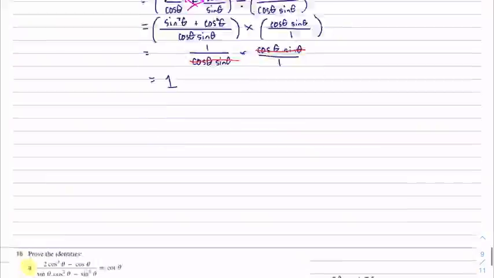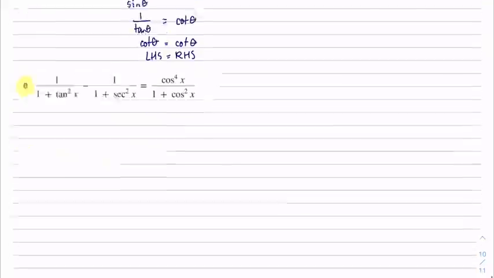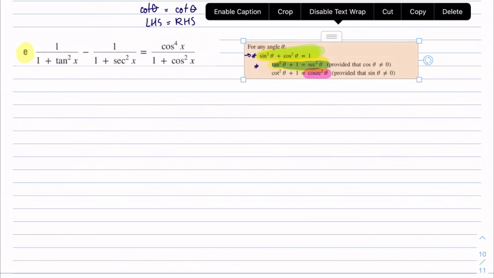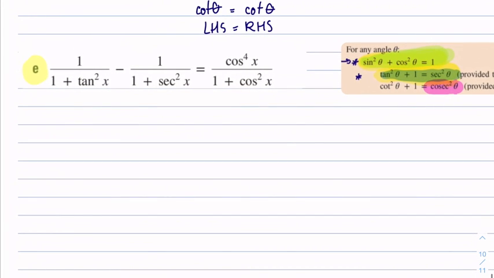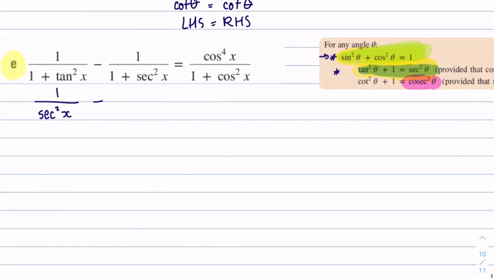I think this is going to be the most efficient way to do this. Okay. Because we've got tan squared x plus 1, that's sec squared x. So this becomes 1 on sec squared x minus, and then we've got 1 plus sec squared x. Can't think of anything I can do with that.